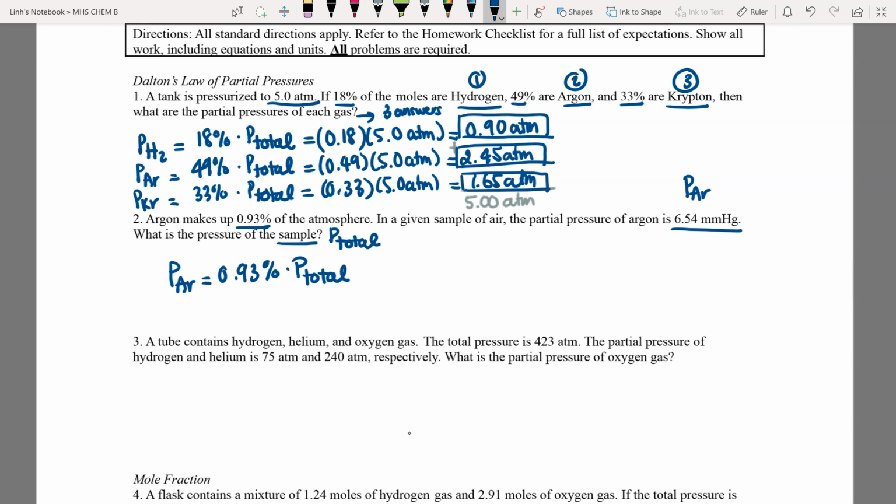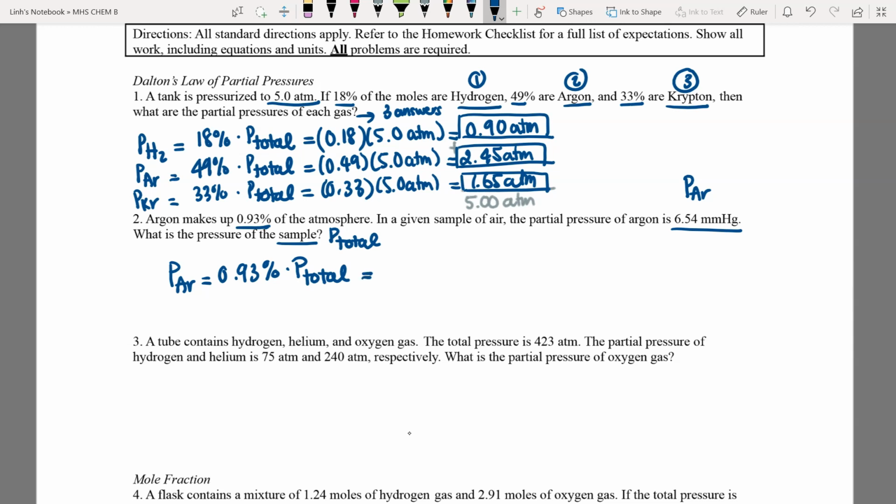Now, it doesn't explicitly say moles, but you should know that it's implied, because the quantity of a chemical within a sample is always moles, unless specified otherwise.